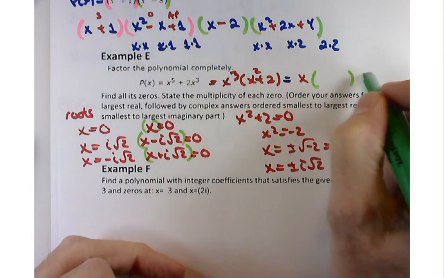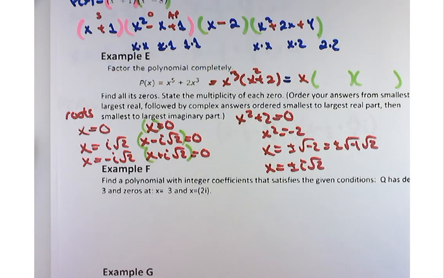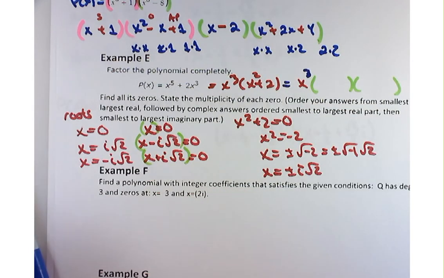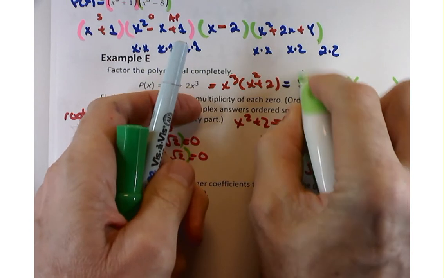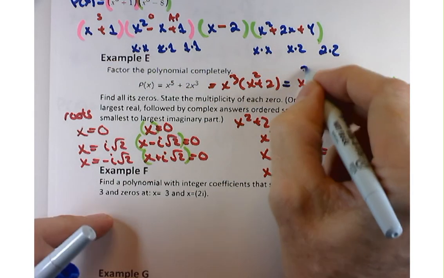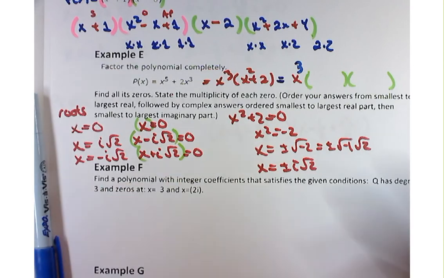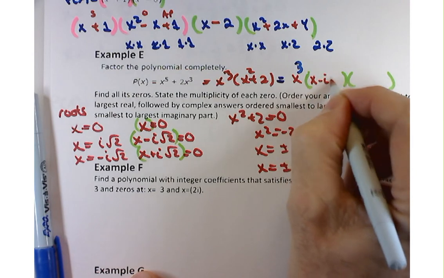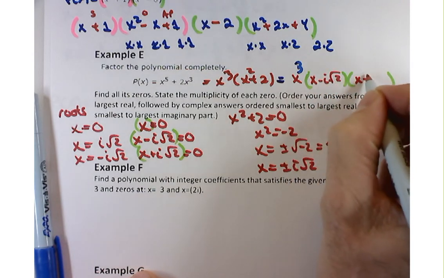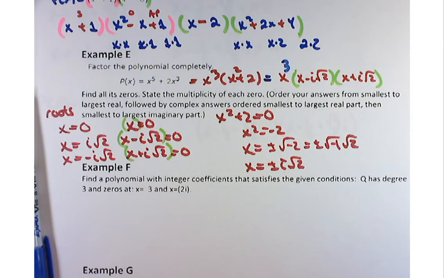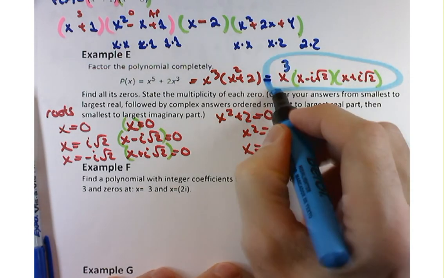What power am I going to write for x? 3. So it's going to be an x cubed, and then each of these linear factors: x minus i times the square root of 2, and x plus i times the square root of 2. There's your complete factorization. Beautiful. There's our answer.